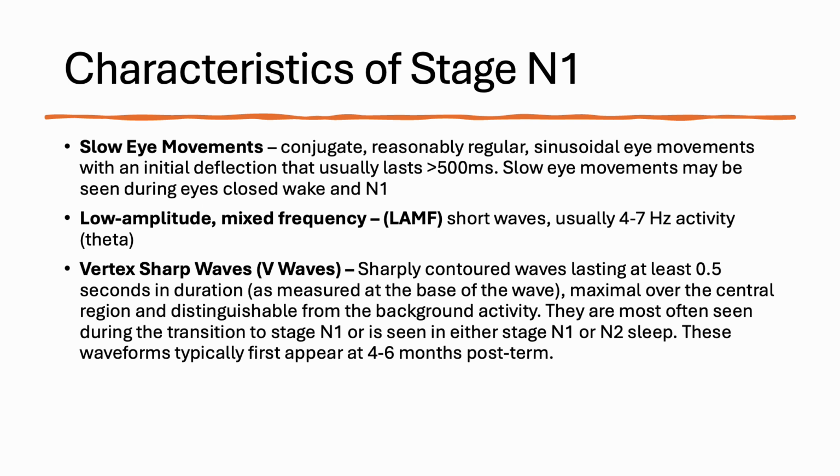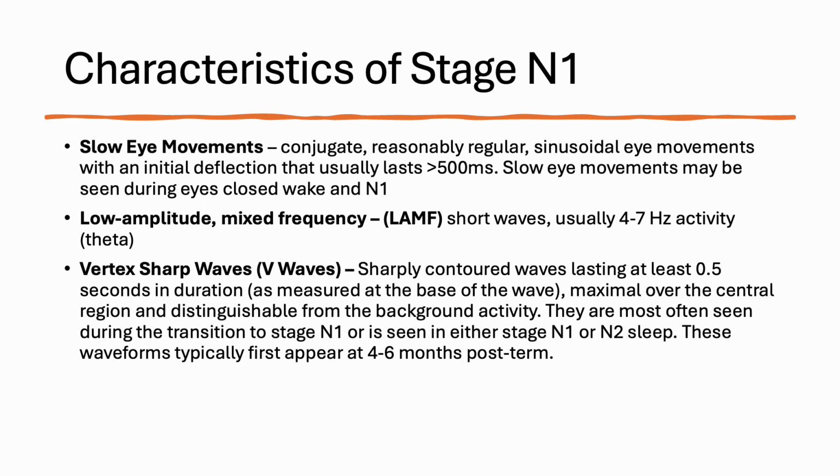Pay attention to those greater than or less than or greater than or equal to or less than or equal to, because they can just switch that up and that makes an answer wrong on the test. Slow eye movements may be seen during eyes closed, wake, and N1.